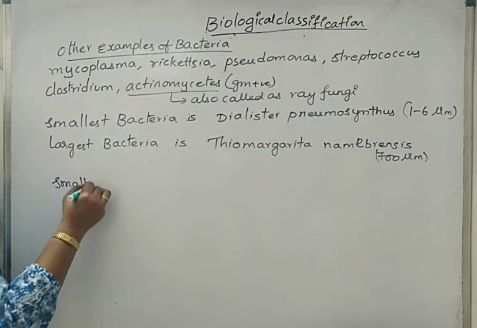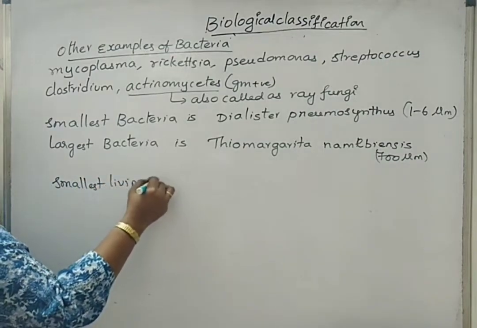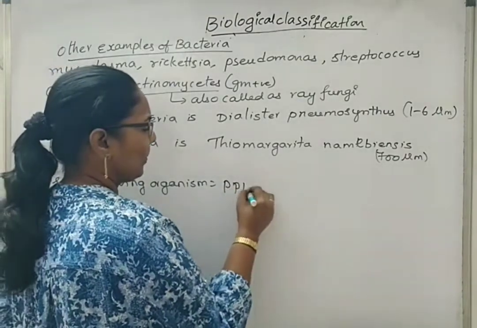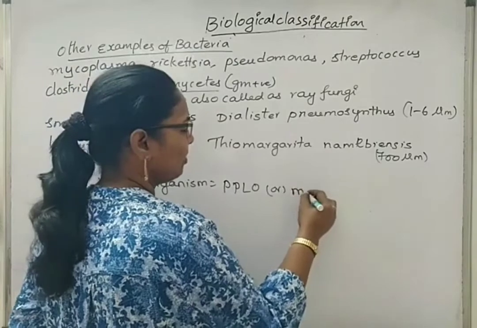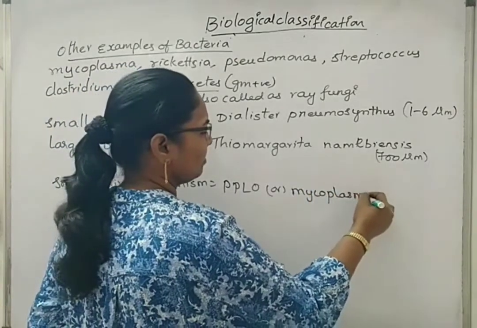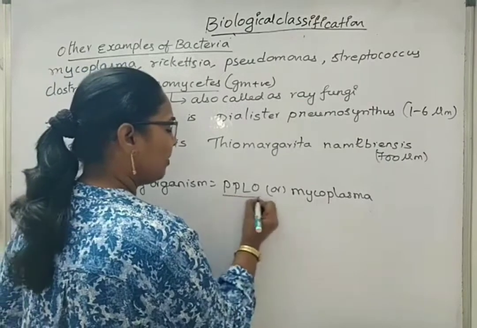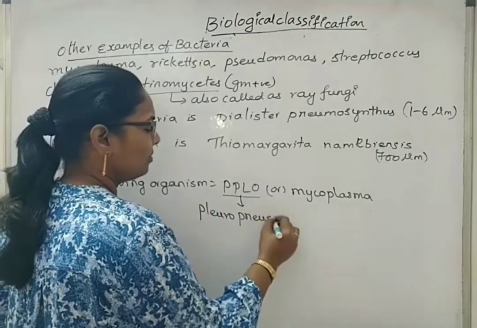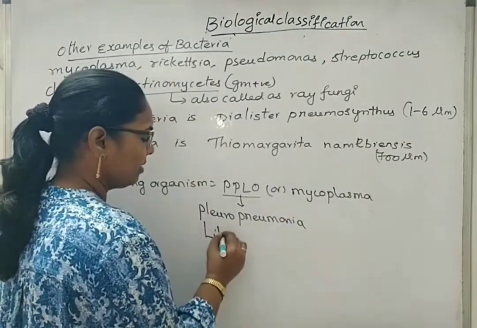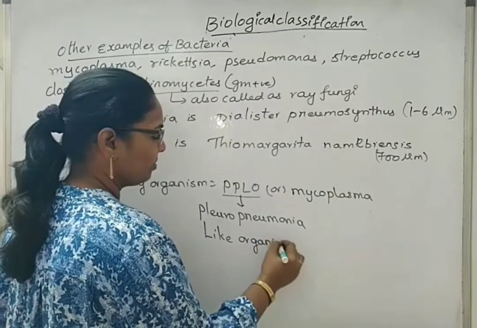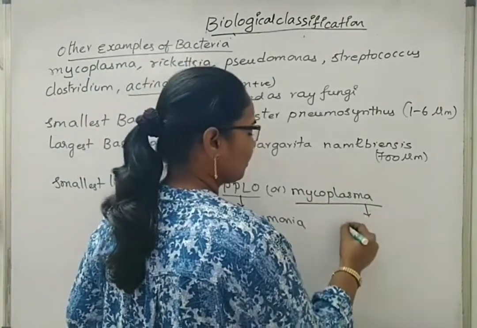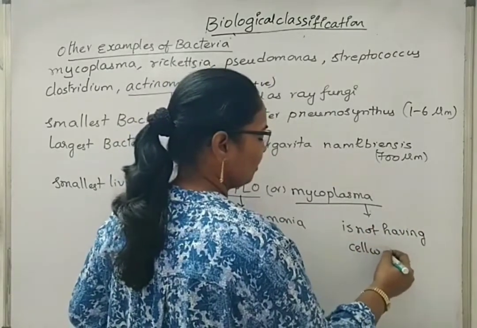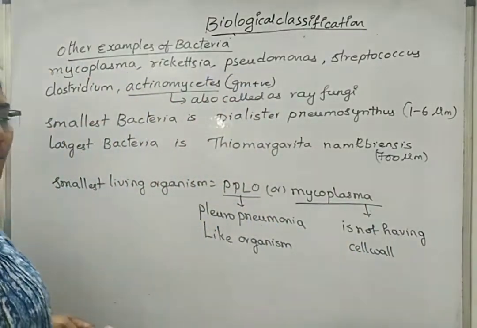The smallest living organism is PPLO or Mycoplasma. PPLO full form is Pleuropneumonia-like organism. Mycoplasma does not have a cell wall. So the bacteria without cell wall is Mycoplasma.